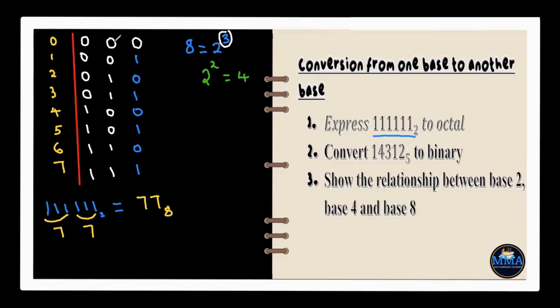This table is built with 3 digits; each line has a combination of 1s and 0s. But to create a relationship between base 2 and base 4, we need a table with only 2 digits. But we don't necessarily need to draw up another table.